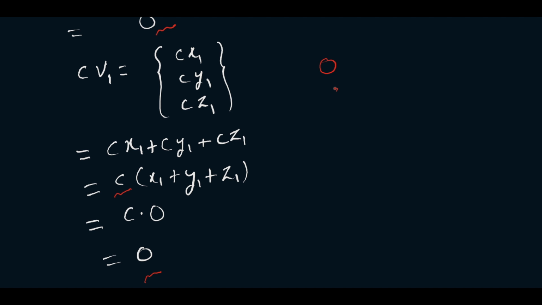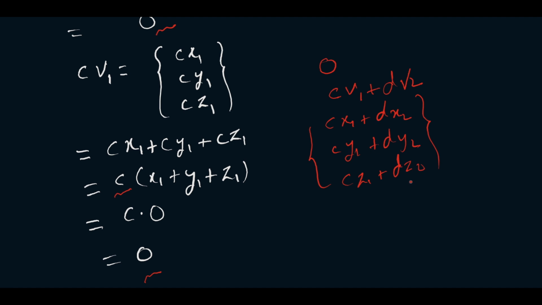Now similarly you can take c times v1 plus d times v2. So it will be (cx1 plus dx2, cy1 plus dy2, cz1 plus dz2). For this to be in the vector space, it has to satisfy the criterion that the addition of these three elements is equal to 0.